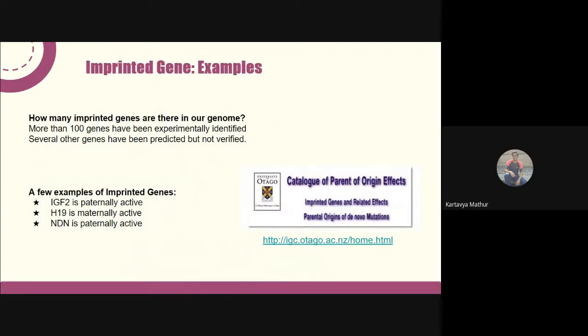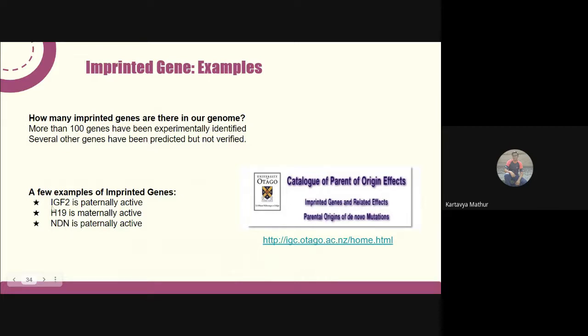To take a few examples of gene imprinting, our genome has more than 100 imprinted genes which have been experimentally identified, but there are still several others which have been theoretically predicted but haven't been identified successfully through experiments. A few examples you can find here are IGF2, which is insulin-like growth factor 2, H19, and NDN.